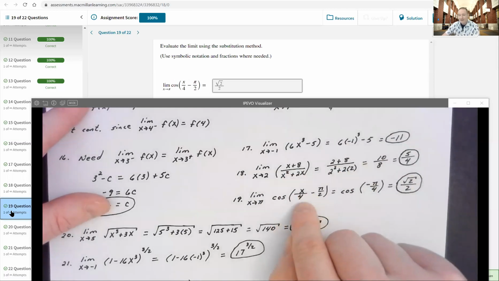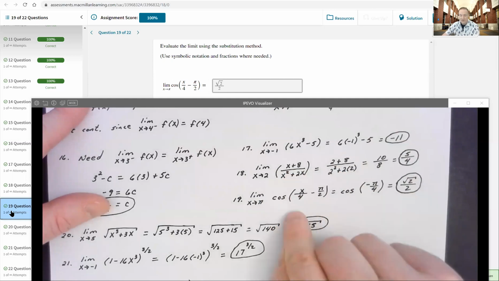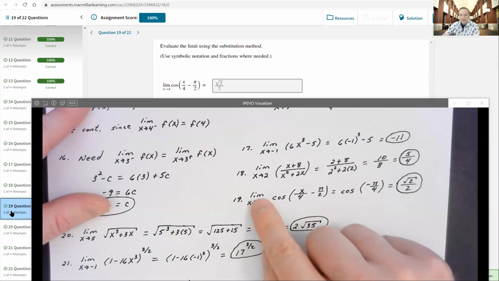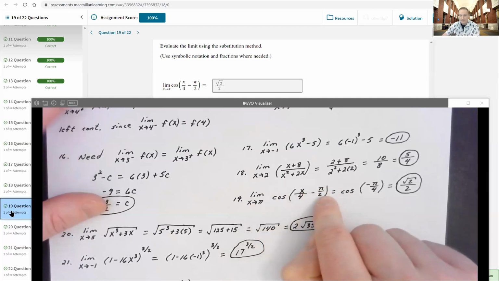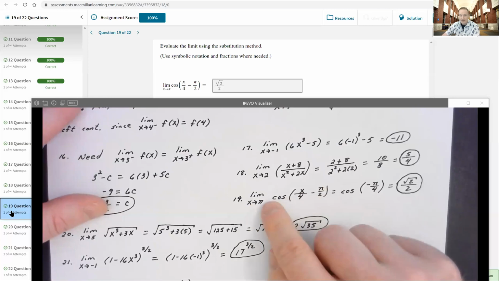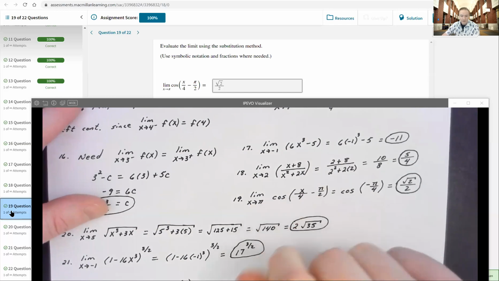I kind of did like the next one, though, because it at least made me remember the exact value for the cosine of negative pi over 4 in this case. You got the limit as x approaches pi of the cosine of x over 4 minus pi over 2. And you say, well, all you'd have to do is plug a pi in for x. You'll have pi over 4 minus pi over 2 is the angle.